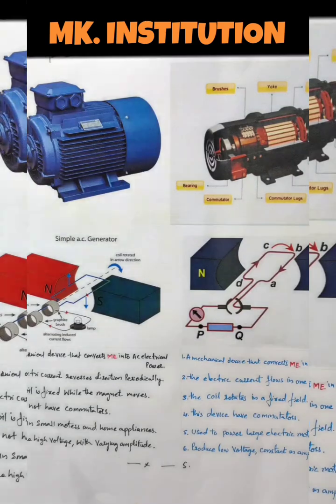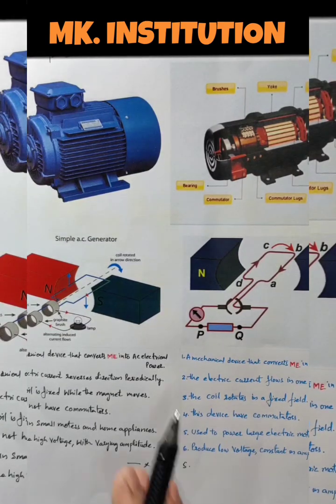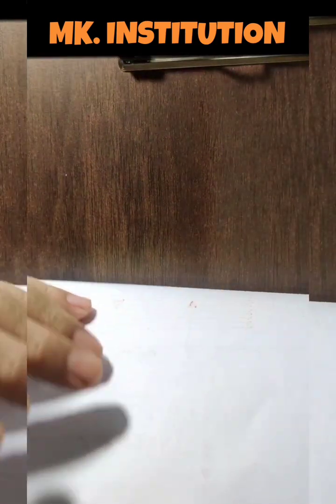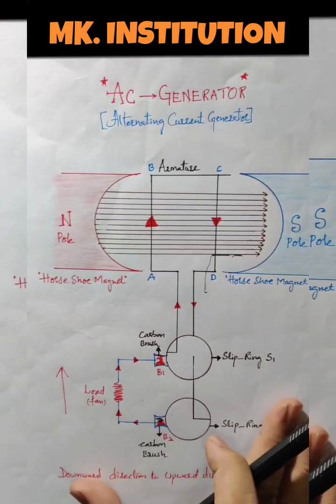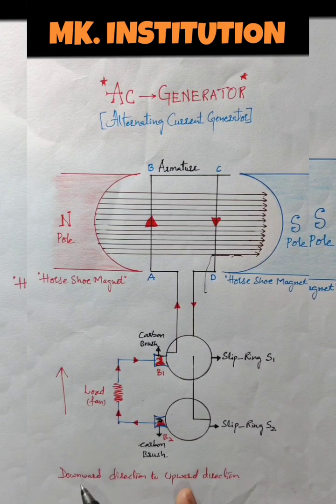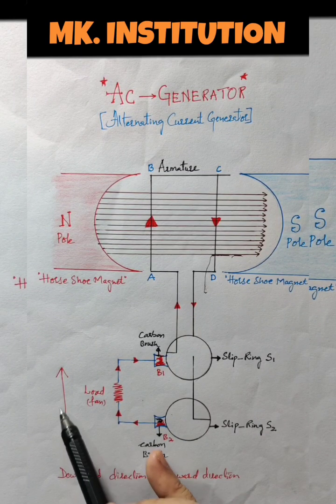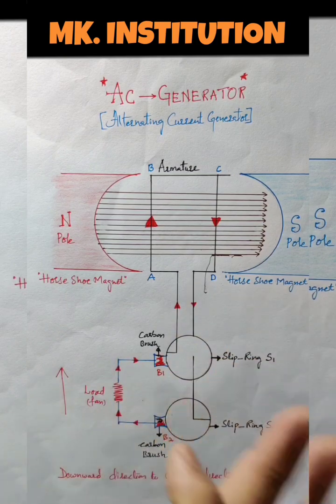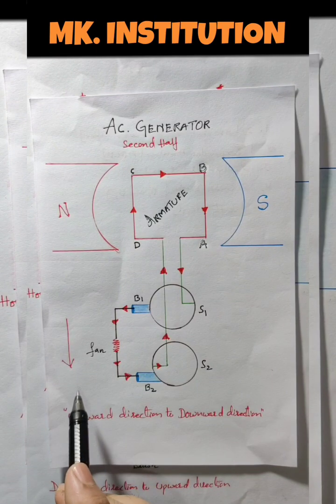Down to up, isn't it? In the AC generator, what we have shown, the flow of current will be from downward direction to upward direction. This is the first half. In the second half, from upward direction to downward direction.